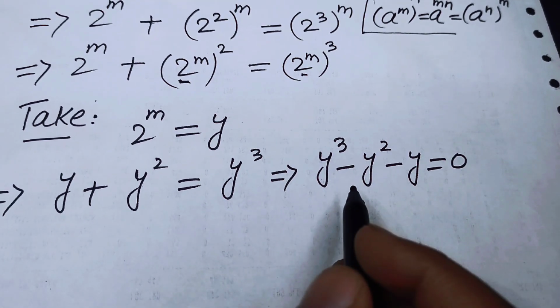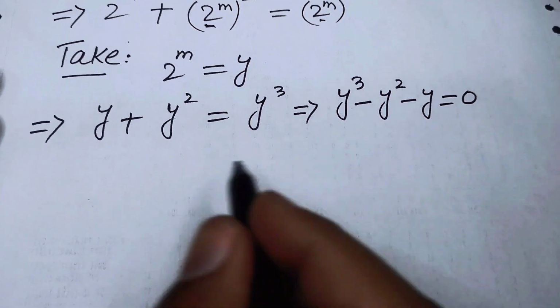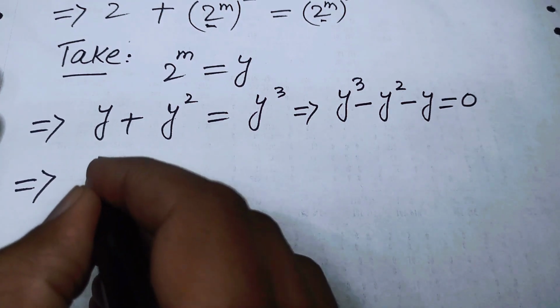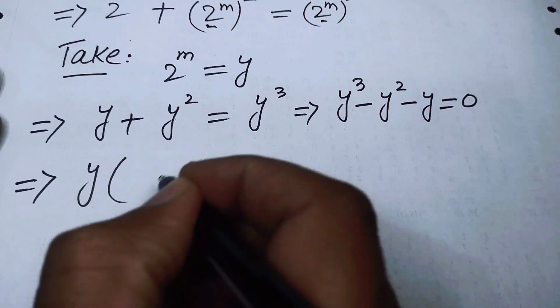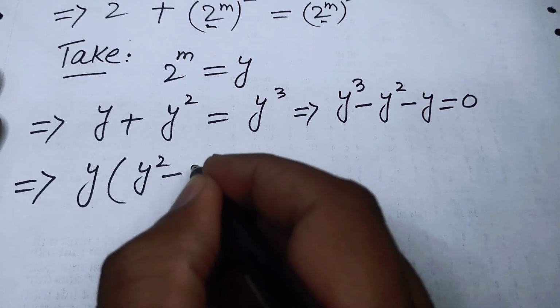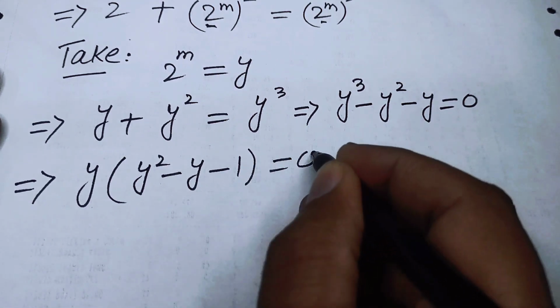After that you can focus on each term, and we can see that y is present in all of the terms, so we can take y common from each term and we will obtain y times y square minus y minus 1 is equal to 0.